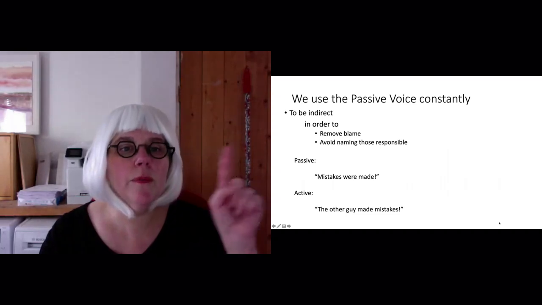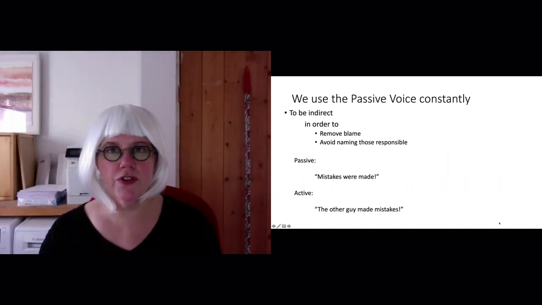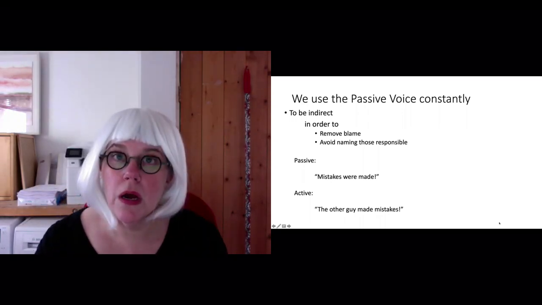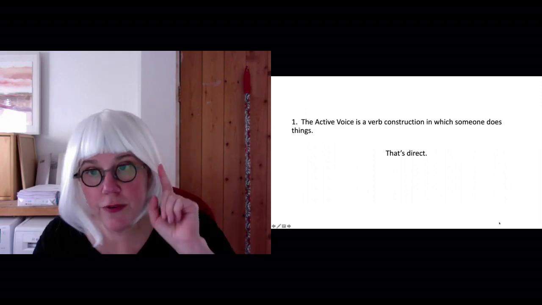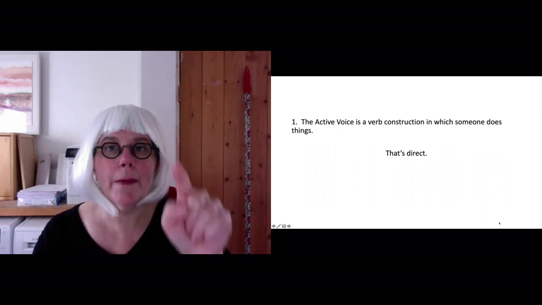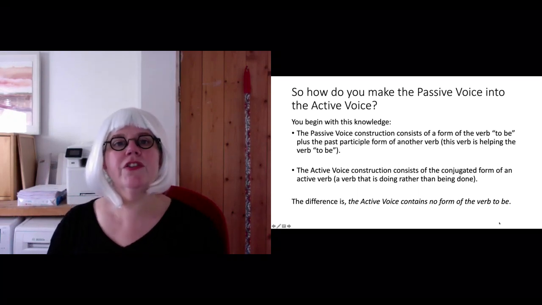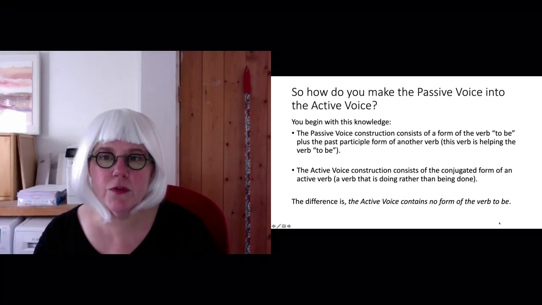As soon as you are being indirect, you are risking losing the reader's interest because you are not answering the question, who? And that is what the reader cares about, okay? You need to retain the reader's interest by being direct. So, naturally, this raises the question, how do you make the passive voice into the active voice?